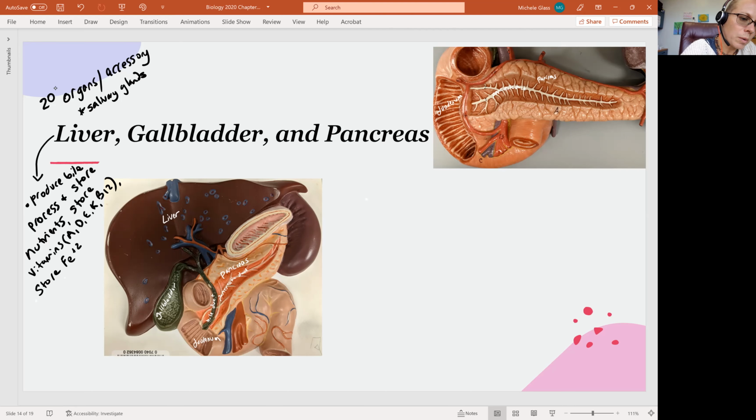So we have produce bile, we have process and store nutrients. Nutrients again, because I think I've messed that up: nucleic acid, carbohydrate, amino acids, which are the building blocks of proteins. We're storing vitamins. We're storing iron. We're also going to absorb drugs and toxins.